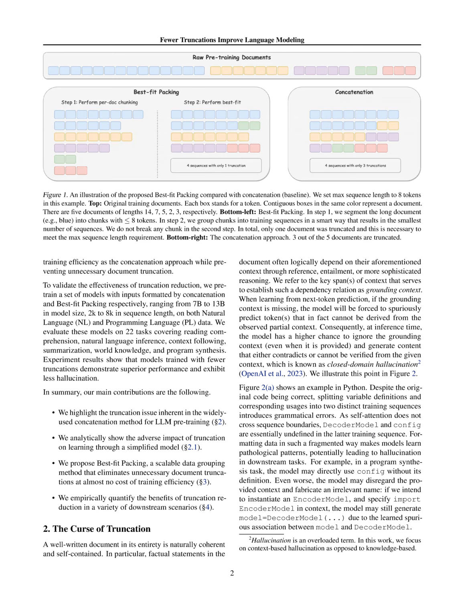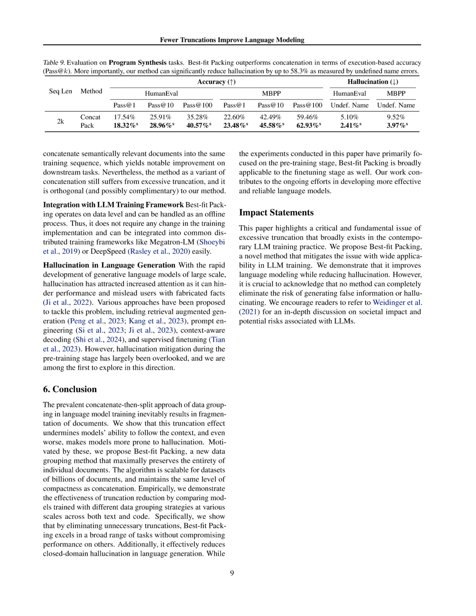The impact of truncation reduction on downstream tasks in the experiments conducted in the paper shows that models trained with fewer truncations demonstrate superior performance and exhibit less hallucination. Specifically, the best fit packing method, which eliminates unnecessary document truncations, leads to improved performance in various tasks.